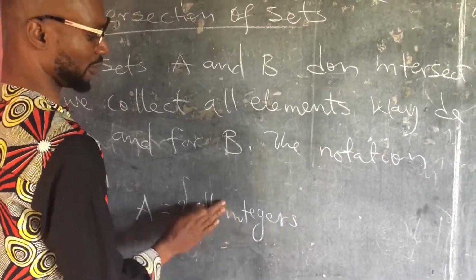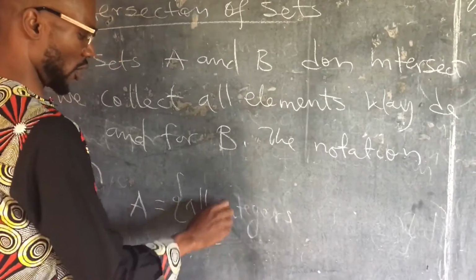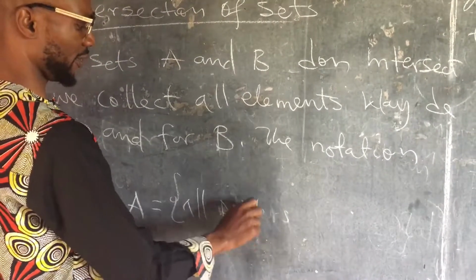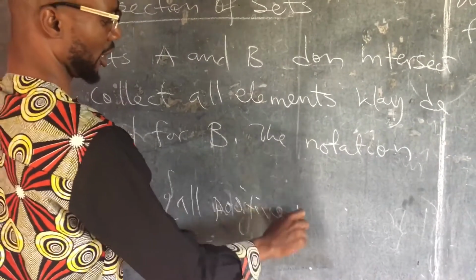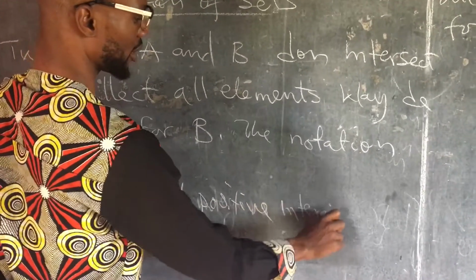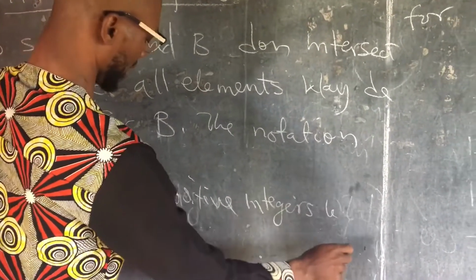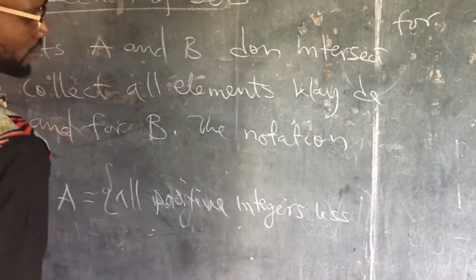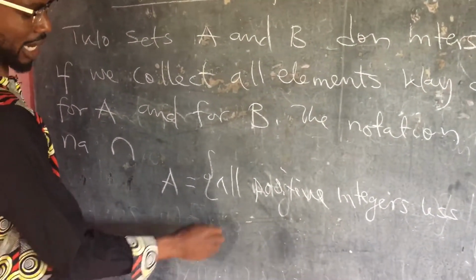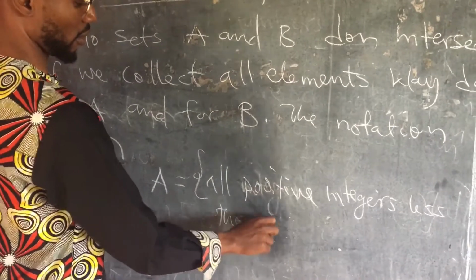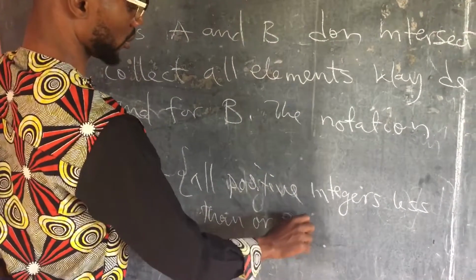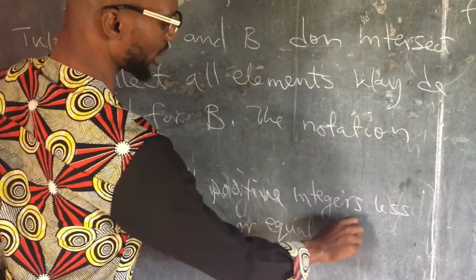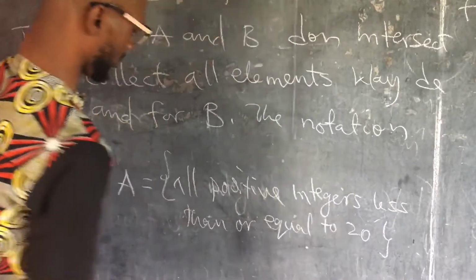So now, if I get set A, make I list all positive integers less than or equal to 20, like this.